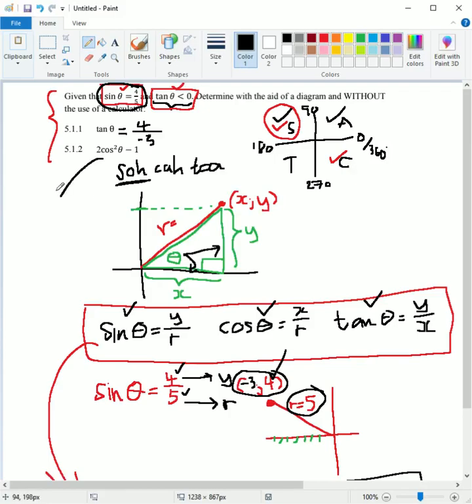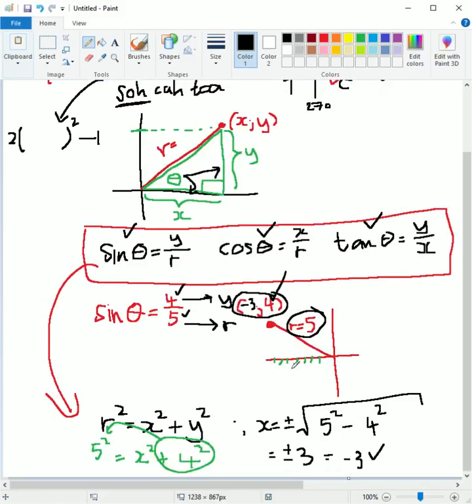I'm going to write it over here because I'm writing all over the place. So the 2, I'm writing the 2. The cos, I'm going to open a bracket and close a bracket, and this is cos something squared minus 1. Now let's look at our ratios over here, and cos is x over r. So we go back to our diagram. X is the minus 3, so this is going to be minus 3 over r. R is our 5.